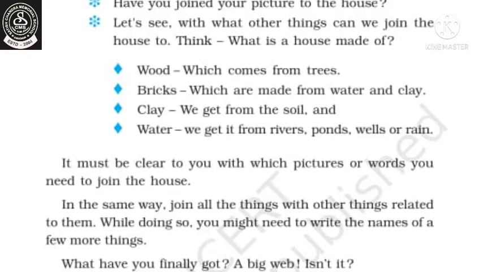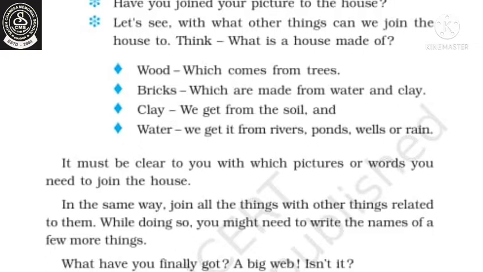Think. What is a house made up of? Here it is written wood, bricks, clay, water. So from where do we get wood? We get wood from trees. Then we have bricks. What is being used for making bricks?